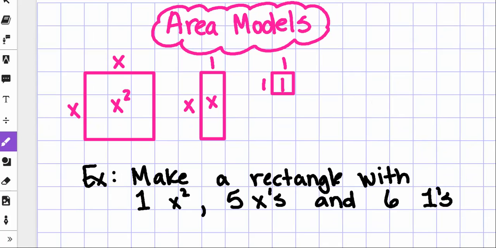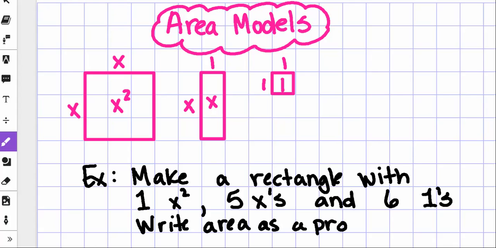Okay. And we were then asked to write the area as a product equal area as a sum.